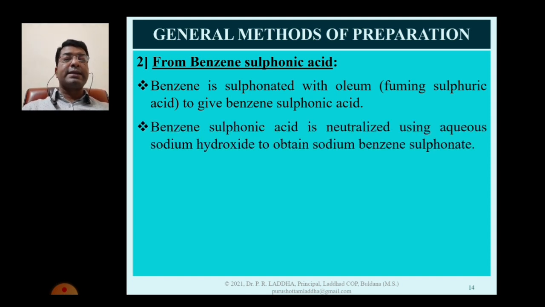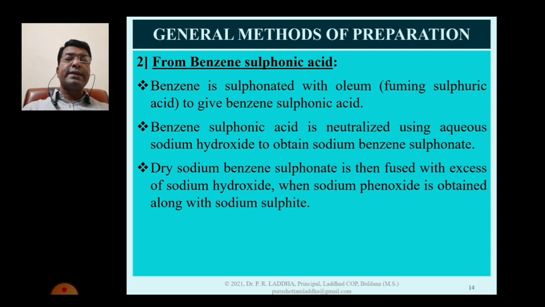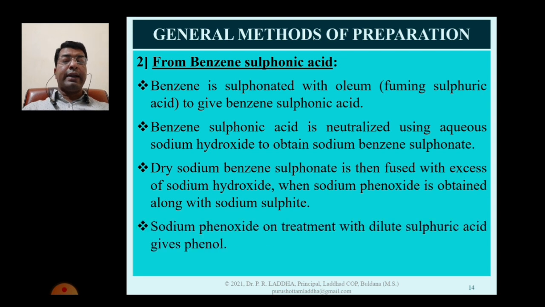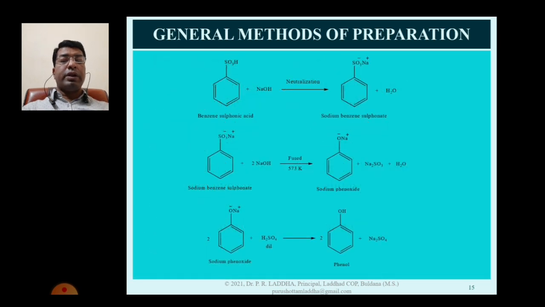When benzene sulfonic acid is neutralized using aqueous sodium hydroxide, that will give us sodium benzene sulfonate in the first step. Then in the second step, this dry sodium benzene sulfonate is fused with excess of sodium hydroxide, which gives sodium phenoxide, and in the last step sodium phenoxide on treatment with dilute sulfuric acid gives phenol. Here you can see it in the form of reactions. The first step is the neutralization reaction, as we are treating the acid, benzene sulfonic acid, with the base sodium hydroxide.